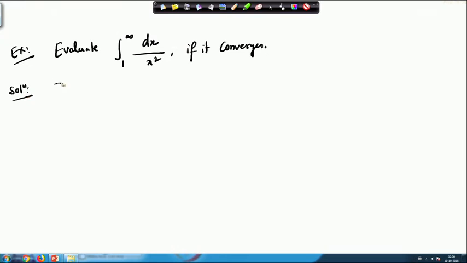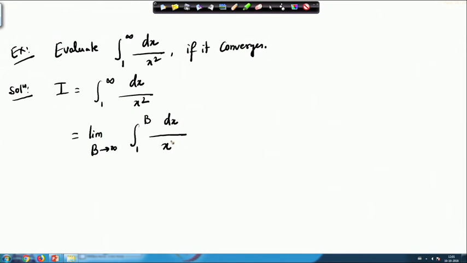So, here I can write I as the integral from 1 to infinity of dx by x squared, and now I can write it as the limit as b goes to infinity of the integral from 1 to b of dx by x squared.